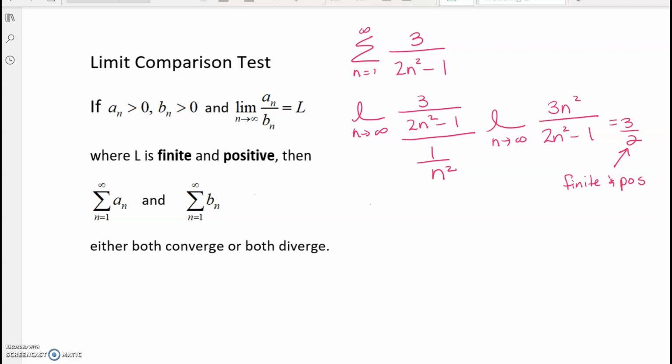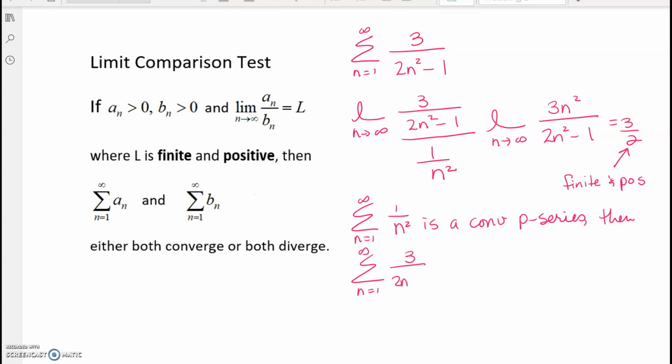So because the series n equals 1 to infinity of 1 over n squared is a convergent p-series, then our series converges by the limit comparison test.